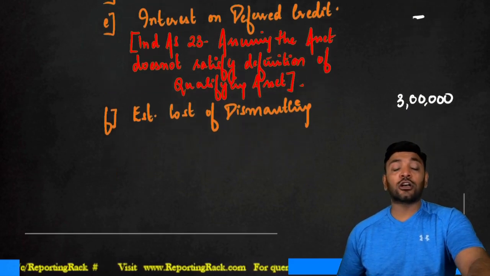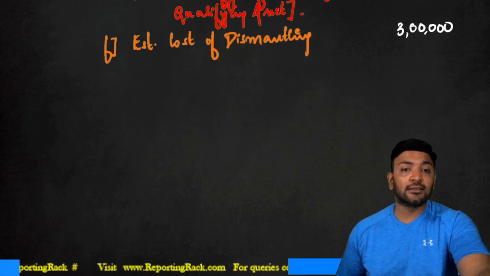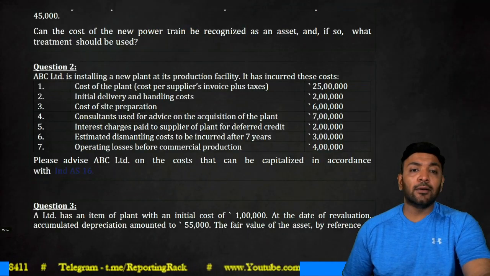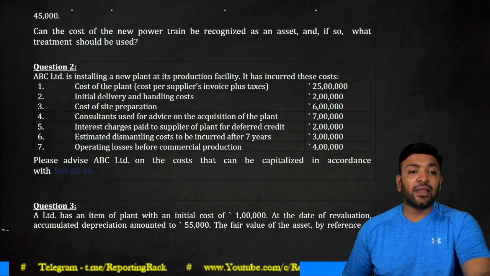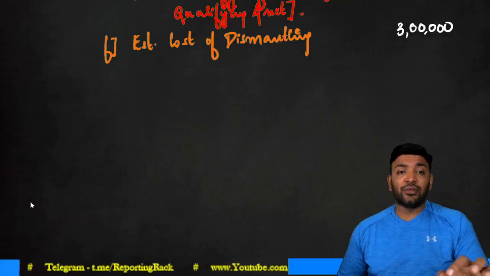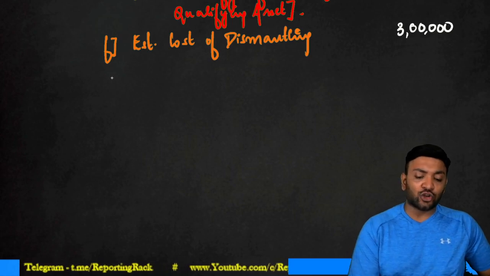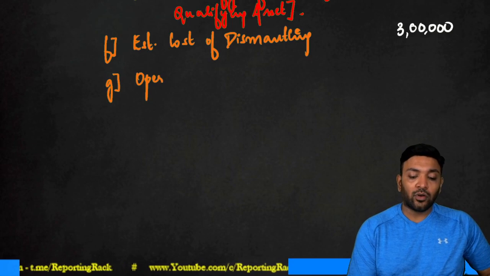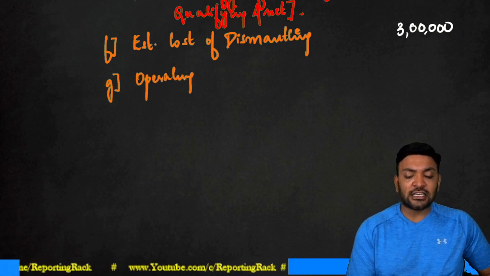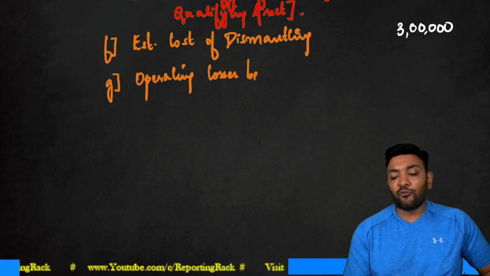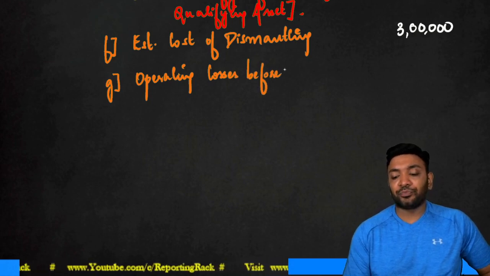Last point talks about operating losses before commercial production. They cannot be included. They should be directly charged to P&L, should not be included in the cost. Operating losses before commercial production.